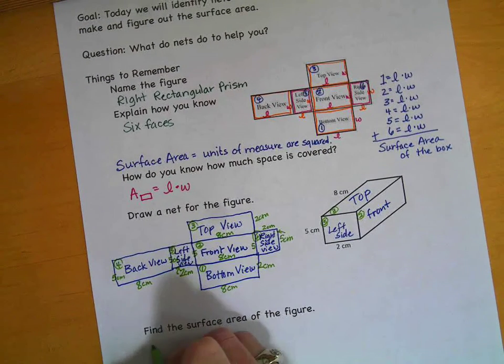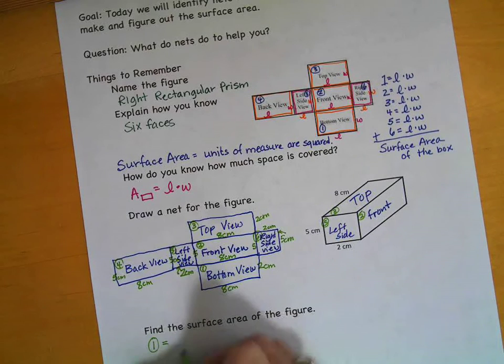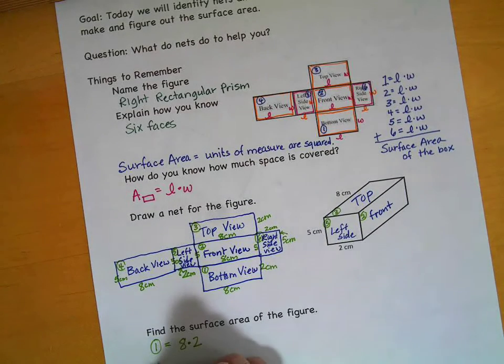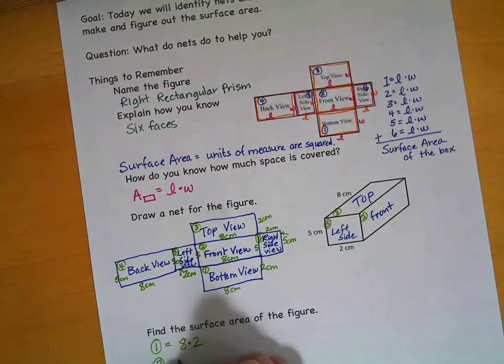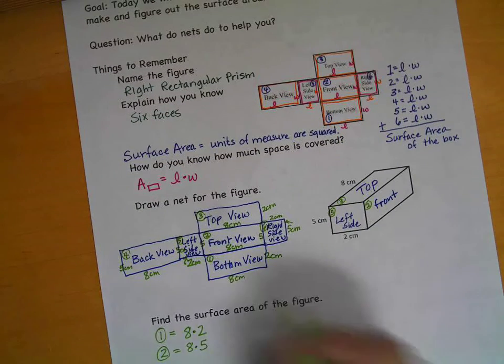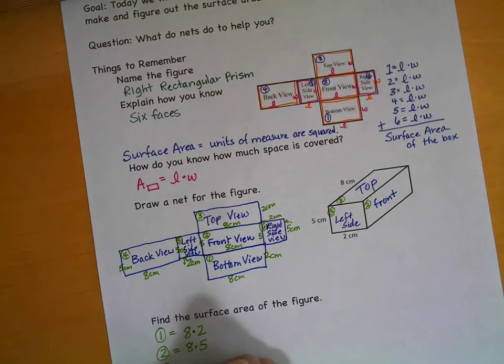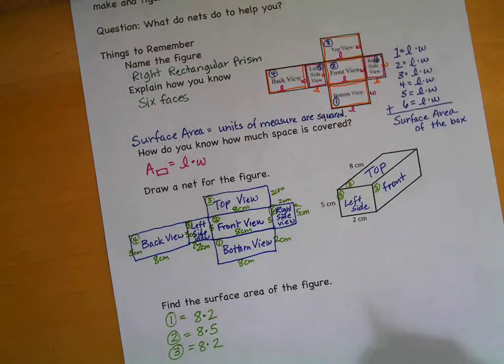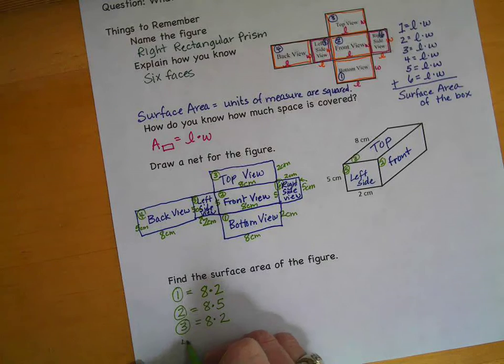Okay, so number 1, what are the 2 dimensions that we see on it? So number 1 equals 8 times 2, right? Length times width. Number 2, it says 8 times 5, right? And then number 3 says 8 times 2.